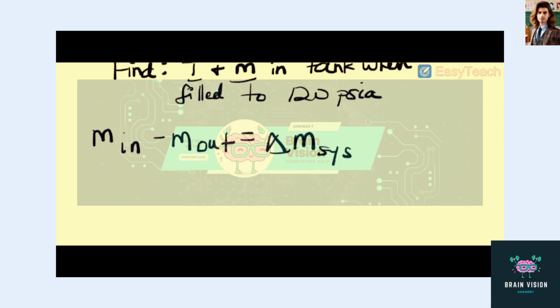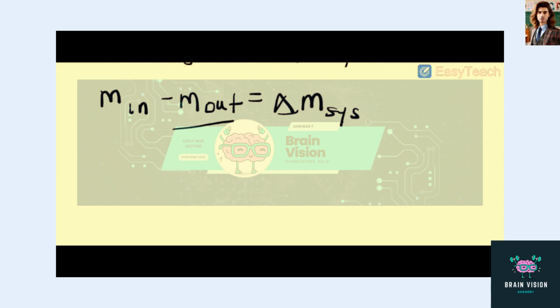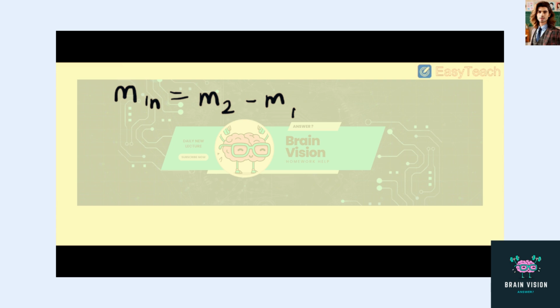Since the tank is the system, M out is 0 because no mass is leaving. So M in is just equal to the mass at the end minus the mass in the beginning.